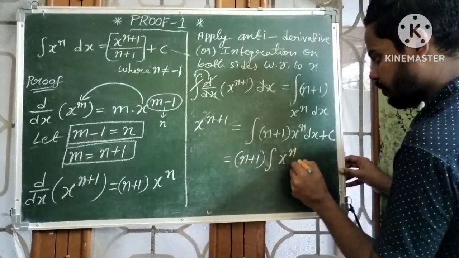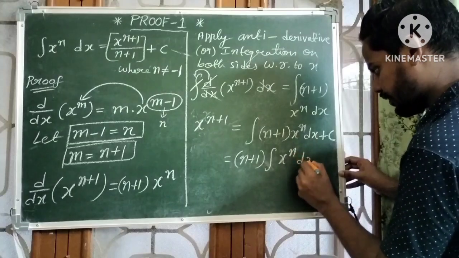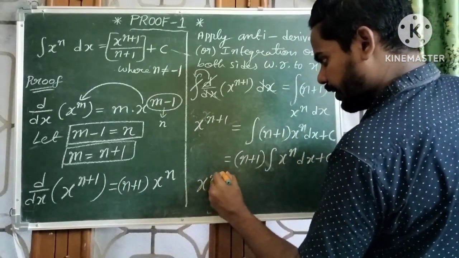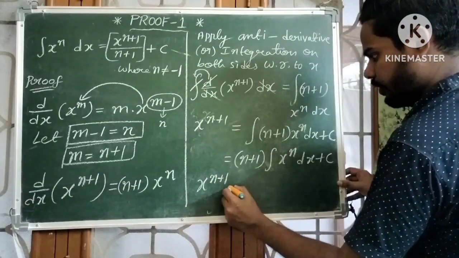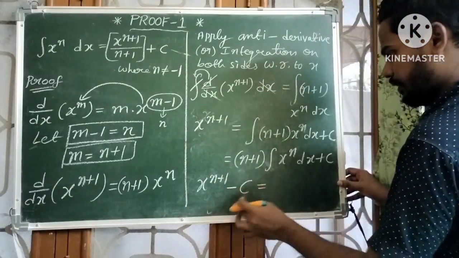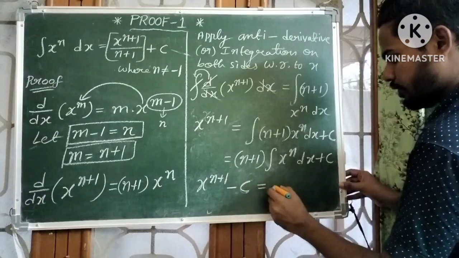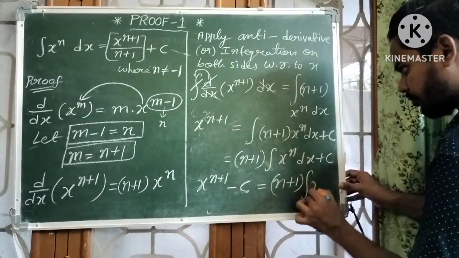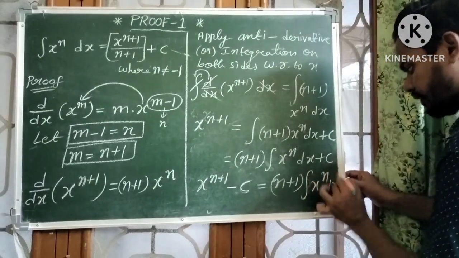So we have n plus 1 times integral x power n dx plus c. Transposing plus c, you will get x power n plus 1 minus small c is equal to n plus 1 into integral x power n dx.